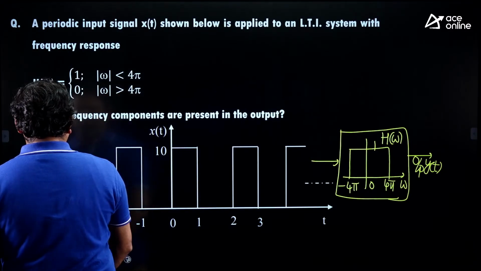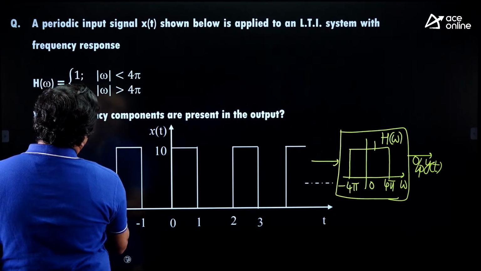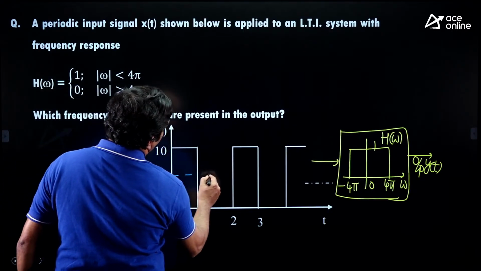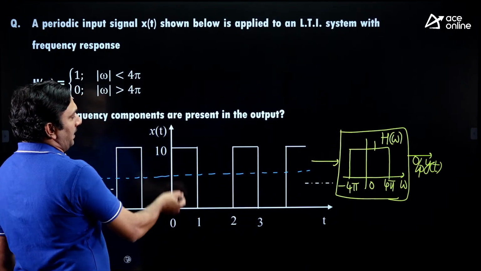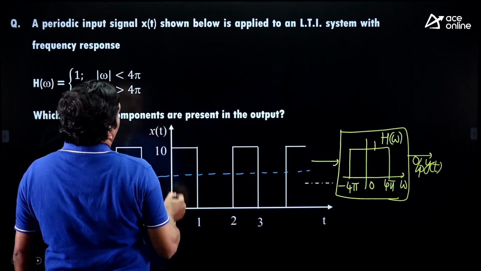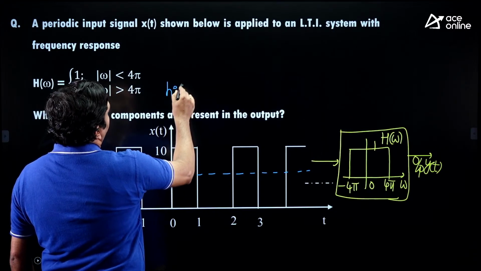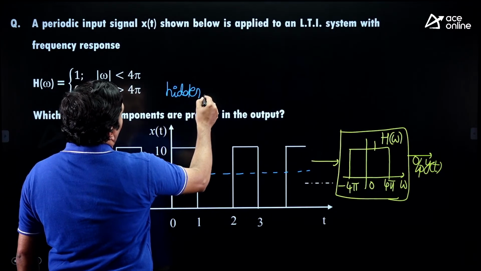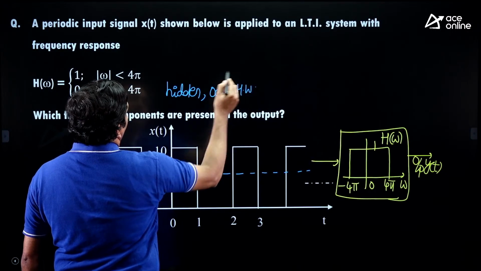Indirectly, write the trigonometric form of this function. What type of symmetry does it satisfy? Of course, it 100% contains DC because it has completely positive amplitude. After removing the DC, you can feel odd plus half wave symmetry.